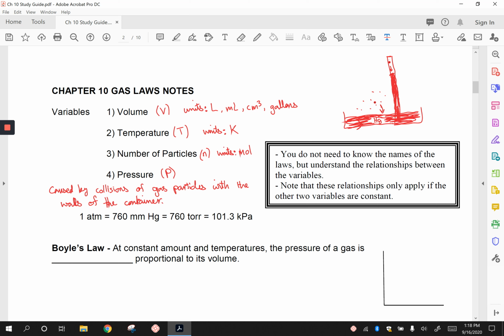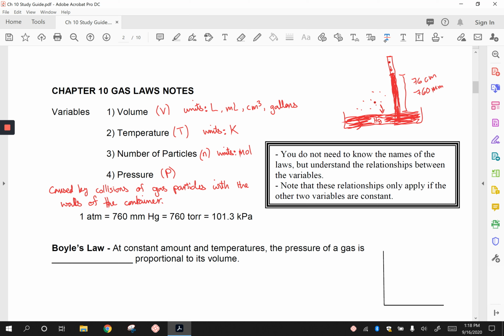Okay. So if you are at sea level where there's standard pressure, the height of the mercury in this tube is 76 centimeters, which is the same thing as 760 millimeters. And so that's where the 760 millimeters of mercury comes from.